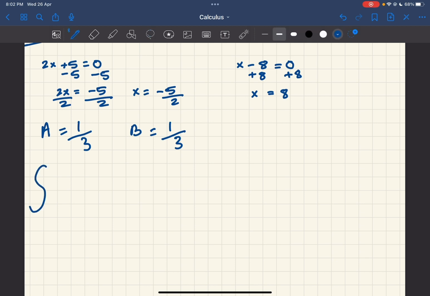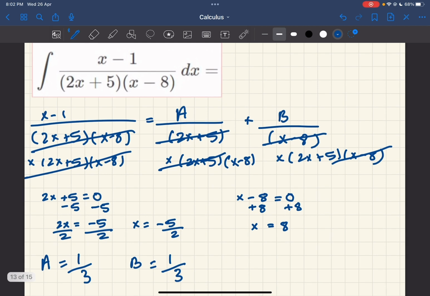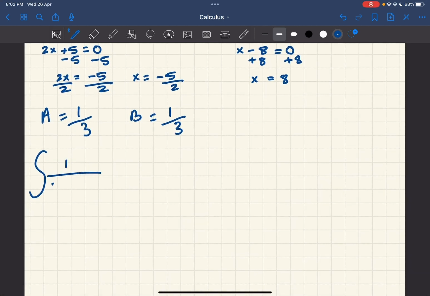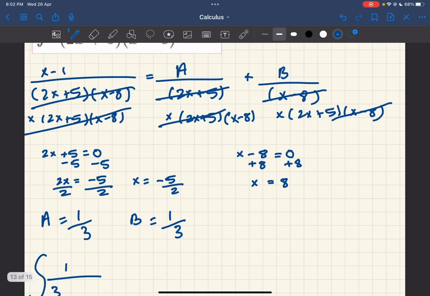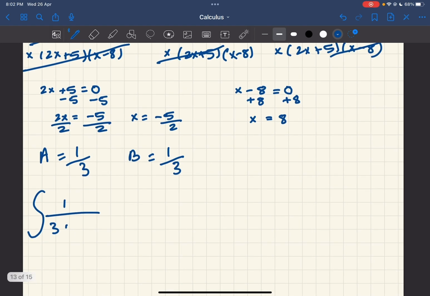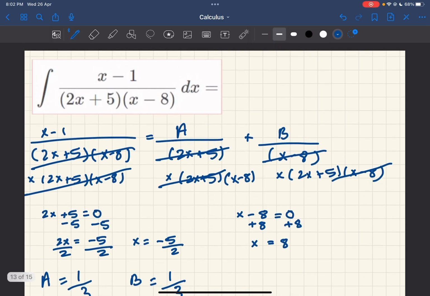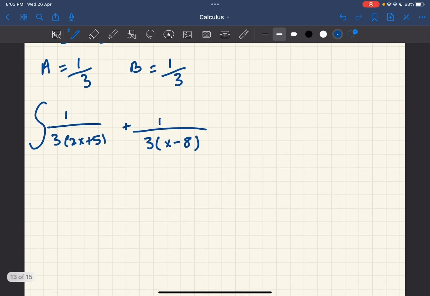So the integral of, we're going to write a, which is 1 over 3, over 2x plus 5, plus 1 over 3 over x minus 8, dx, let's not forget.